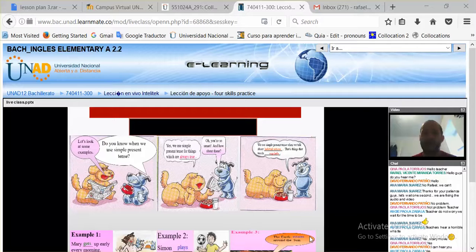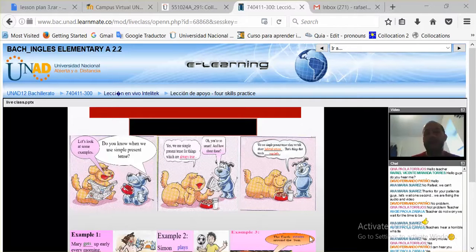So here you can see some slides or some cartoons about the use of the simple present tense. Do you know when we use the simple present tense?